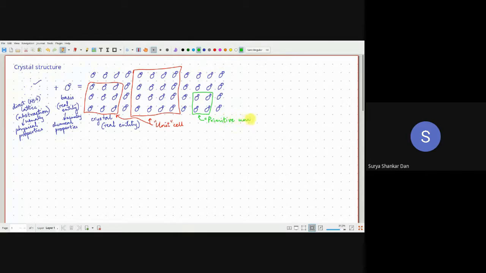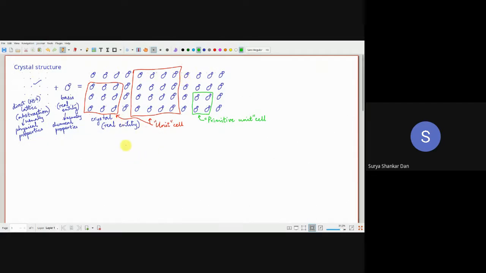So as you can clearly understand, nature doesn't bother about this unit cell and primitive unit cell. What we human beings are doing is essentially trying to simplify the problem. Okay, so let me just use this dotted background here. So this is a primitive unit cell. What is a primitive unit cell?